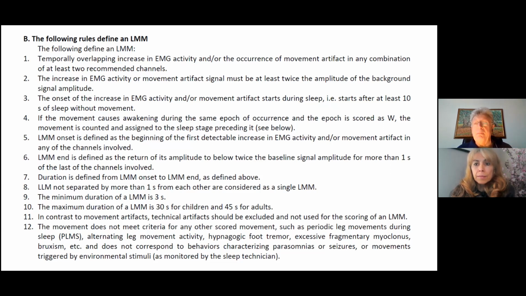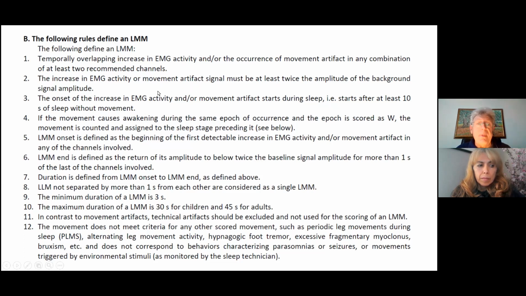So it is an important point to take into consideration. The detection of those that we would call periodic leg movements excludes the labeling of the same movement as a large muscle group movement.